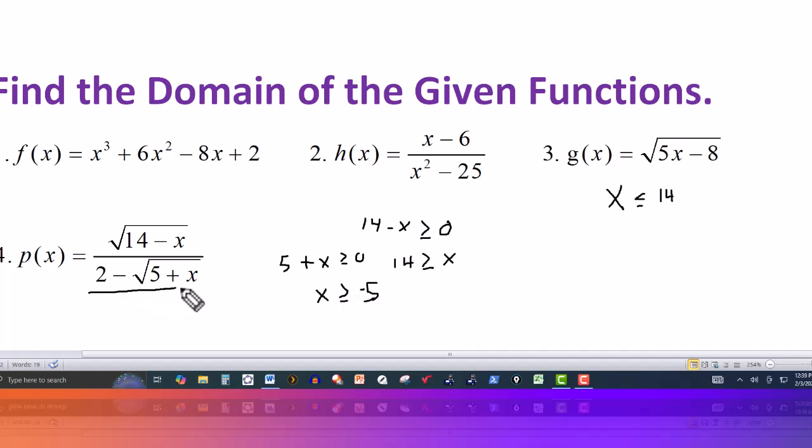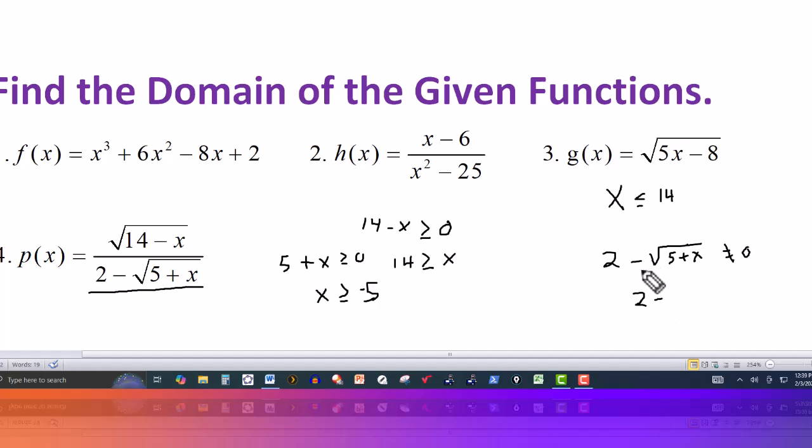Also, since this radical is in the denominator, remember, you can't divide by 0. So 2 minus the square root of 5 plus x cannot be 0, and we have to restrict that number. Let's treat it as a regular equation to find what number we restrict.